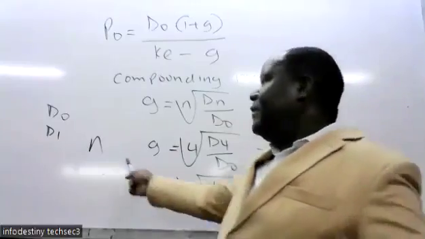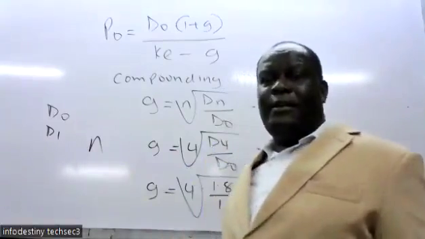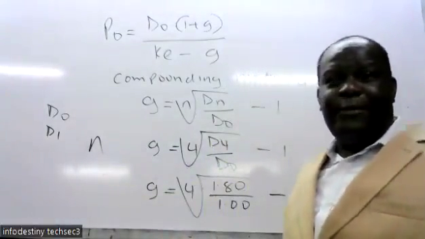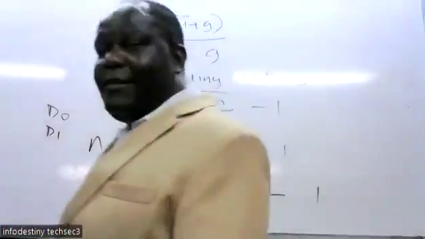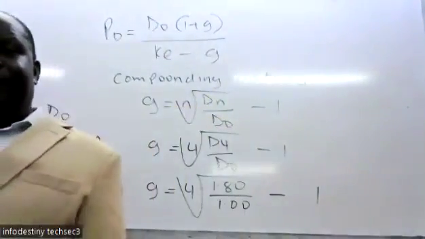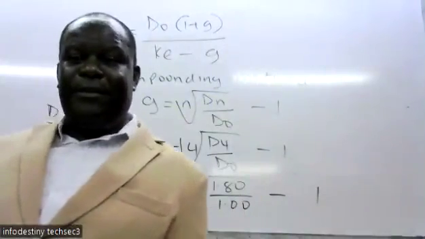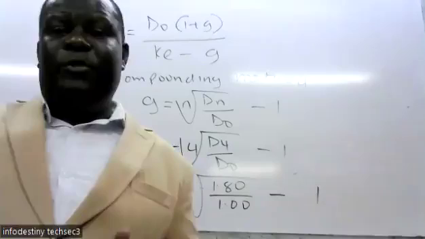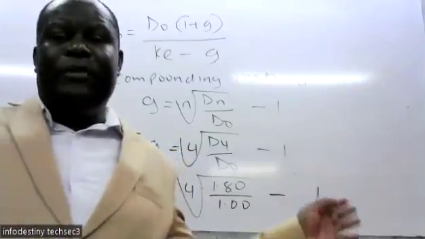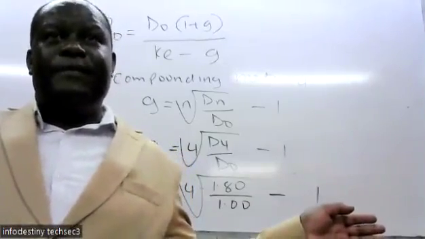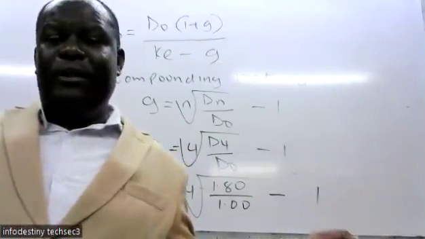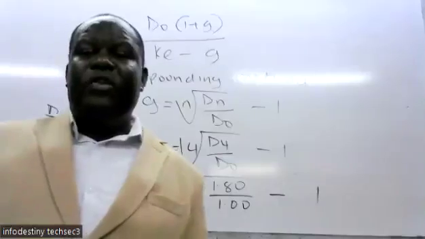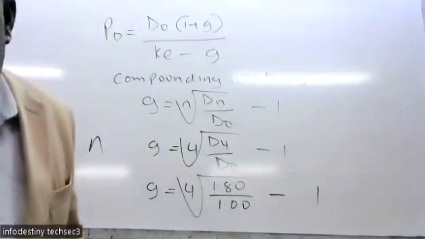After shifting, you press this one, then get the answer, which is 0.158, isn't it? So are we okay up to that point? Then you minus 1. After you minus 1 is when you get 15.83 as a percentage. So are you all okay up to that point?